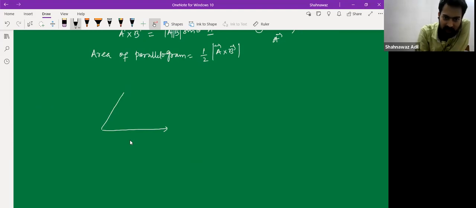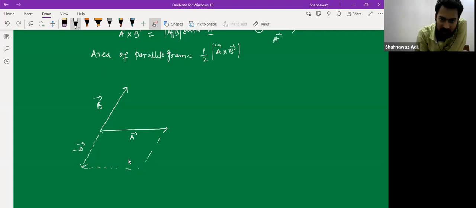Let's say this is A, this is B. For subtraction, we take the anti-parallel of this vector B, so this is minus B. And then we use the parallelogram law or whatever law. So this is the subtraction of vectors.